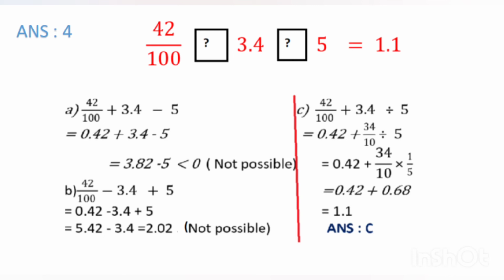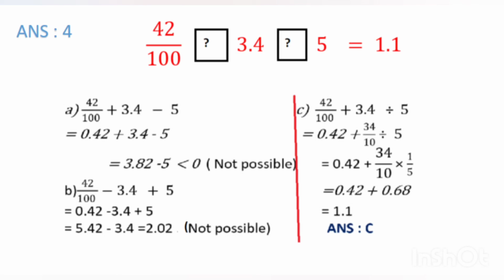So now you have 0.42 and you have 34 upon 5 tens are 50. So 34 upon 50, or when you multiply both the numerator as well as denominator by 2, you will have 34 2s are 68 and 50 2s are 100. So it will be 0.68, right? When you add this number, you will have 1.1, which is given in the question also. So here, which is the correct option?